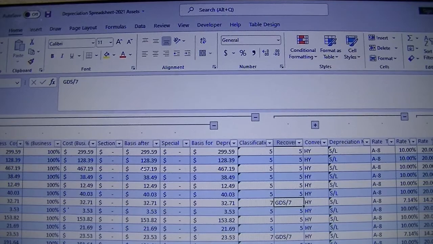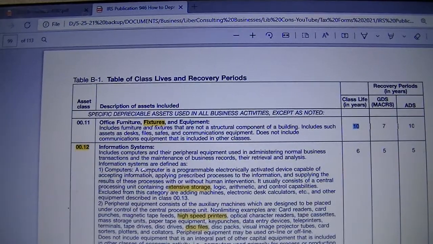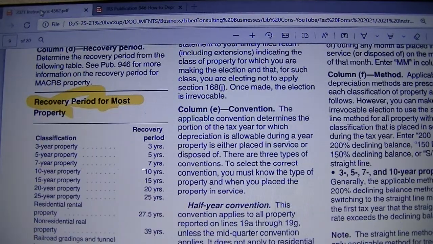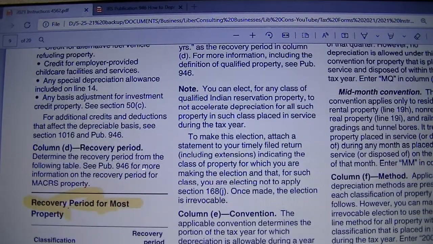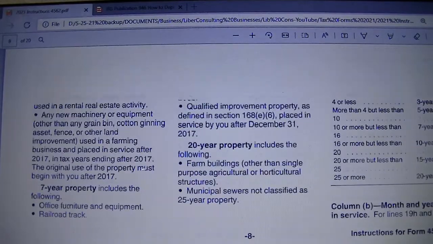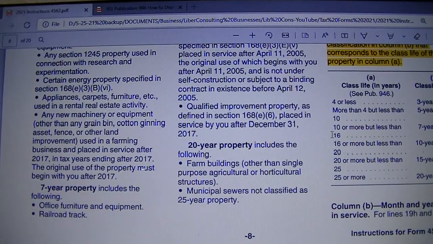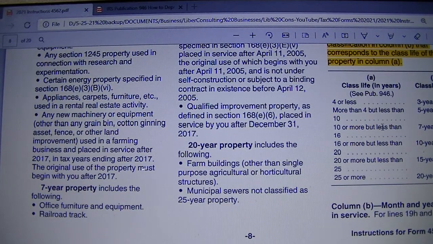But to be sure, we can go to the instructions for Form 4562, Depreciation and Amortization, and underneath on page 8 they have 10 or more but less than 16 for class life.